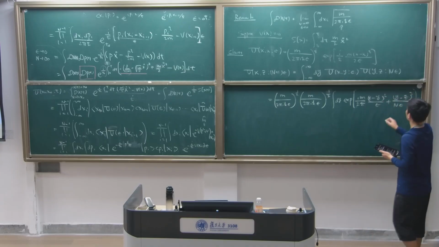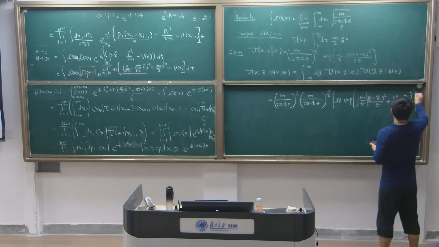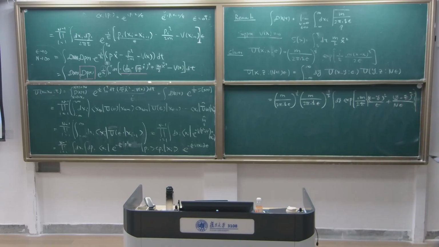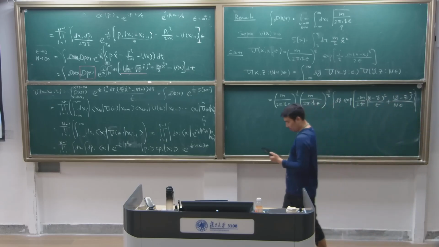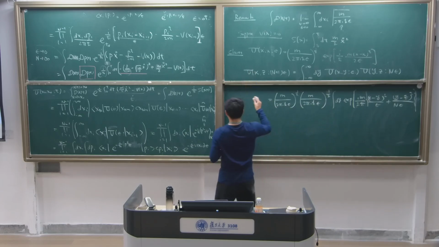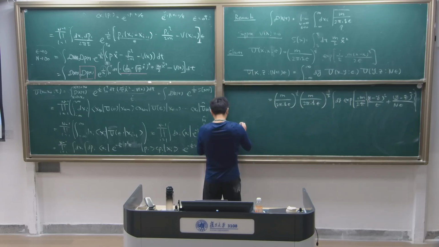But now we can apply the Gaussian integral again. Gaussian integral is a bit more complicated. Sorry, I already erased it. So there are a bit more complicated Gaussian integrals, like this.